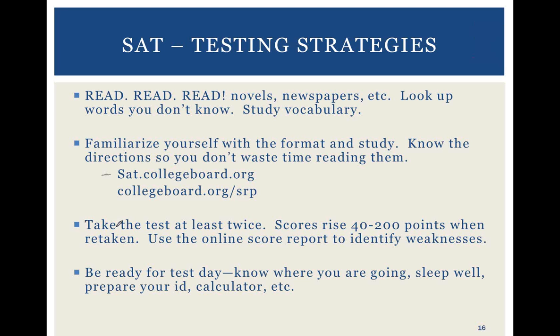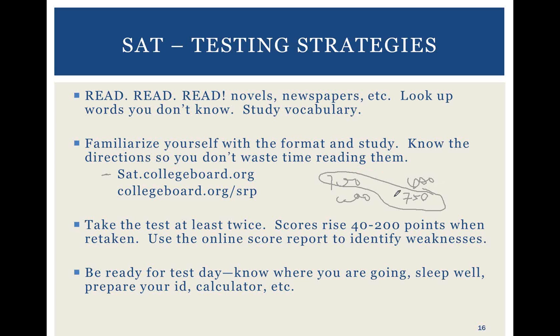And in some cases, they do what's called super scoring, where, let's say you took the test once and you got a 700 in reading and a 600 in math, and you take it again and you get a 600 in reading and a 750 in math. When they decide what kind of score you got on the exam, they might say that you got a 1450, because you got a 700 in reading on your first exam and a 750 in math on the second exam.